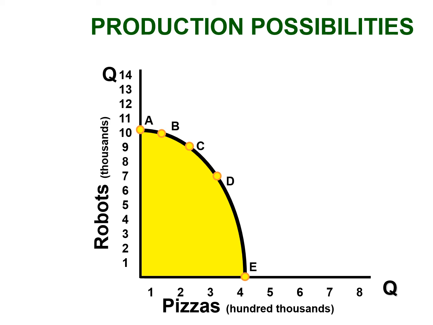So, which combination of outputs, B, C, or D, which combination of capital goods and consumer goods maximizes society's happiness, satisfaction, or utility?